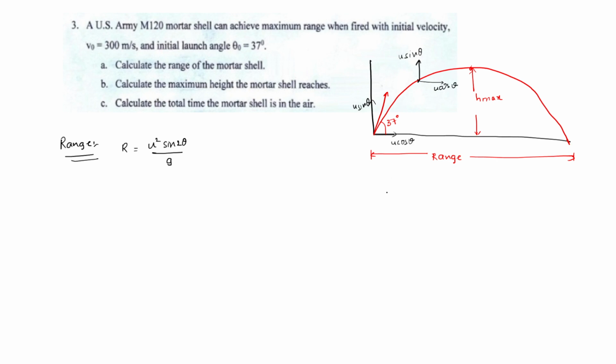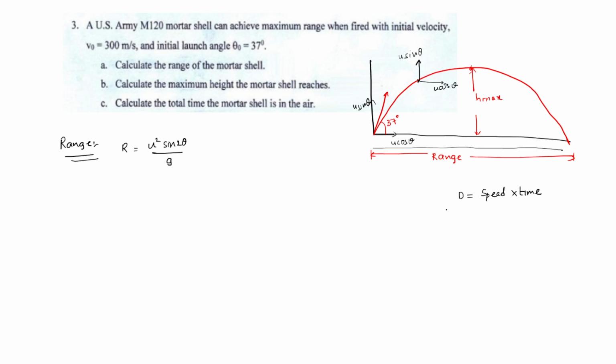Since range is related to horizontal distance, we need to find the distance along the horizontal direction, which is distance equals speed into time. You know the formula. Along the horizontal direction there is no acceleration, because at any point of time the velocity is u cos theta. So directly we can write displacement or distance equals speed into time.